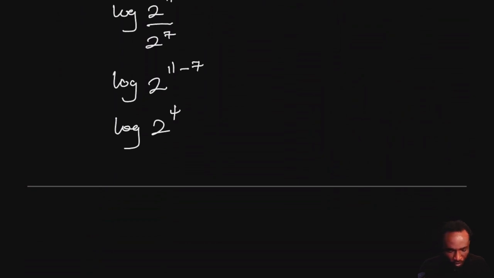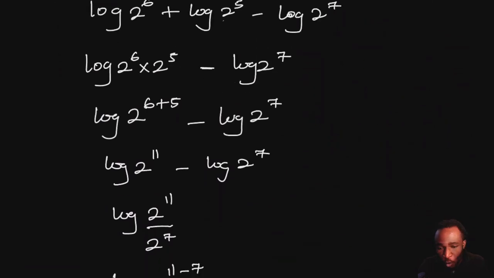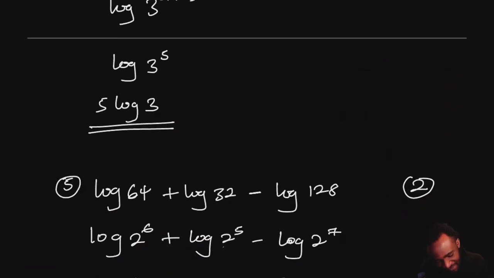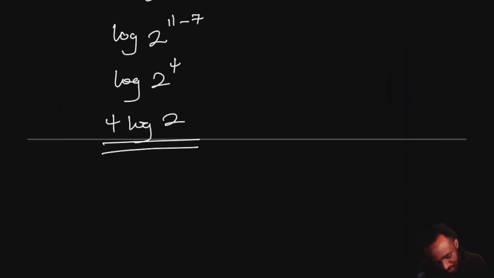We can also further simplify this by dropping the power according to the power law, or you can leave your answer like this if you want, but I just want to make it a lot nicer, I suppose. So this is our final answer. The simplified version of this term here is 4 log 2. So our answer is 4 log 2.